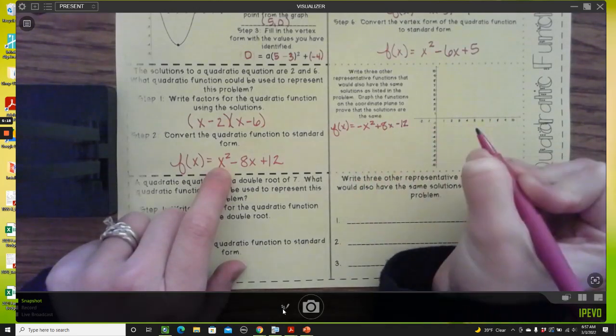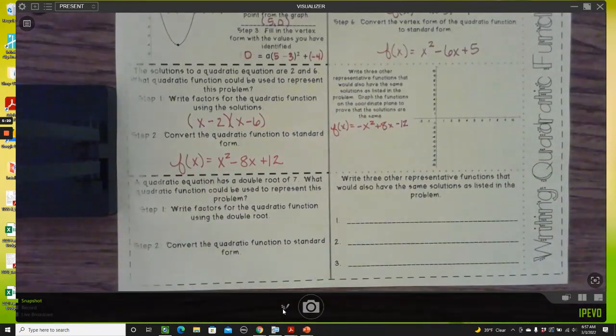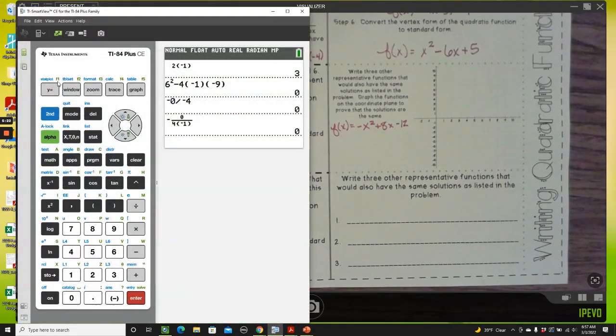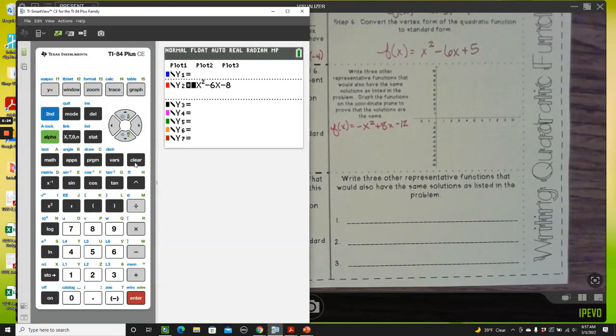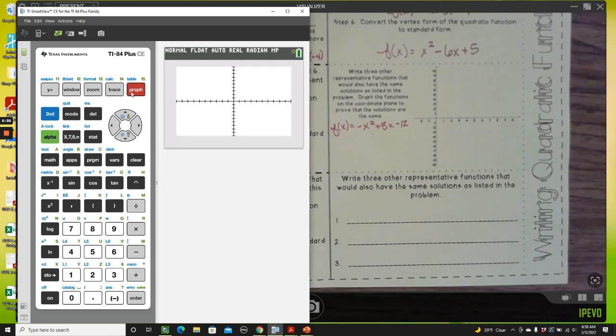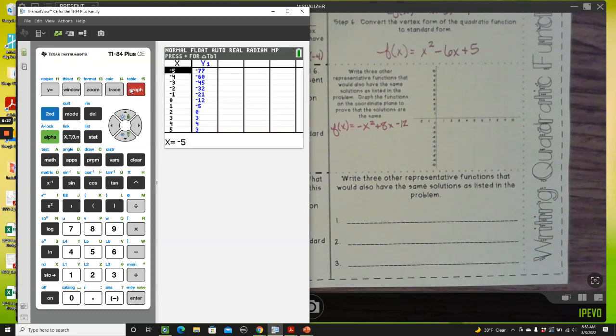Okay, so again, when you're graphing these, you can always go to your y equals here, -x squared plus 8x minus 12. So we can graph it. It's easier though if you look at the table. So I can see where my vertex is, because on either side of that number, the y values start to decrease.